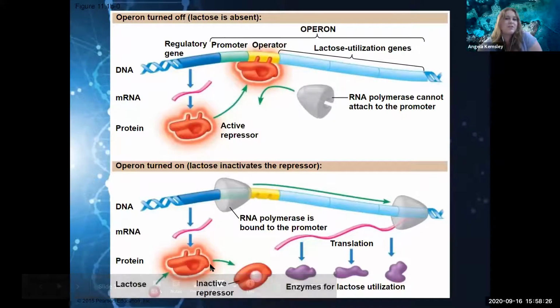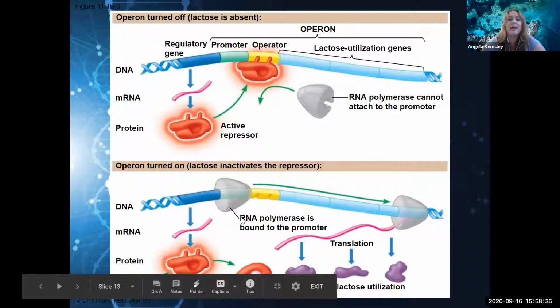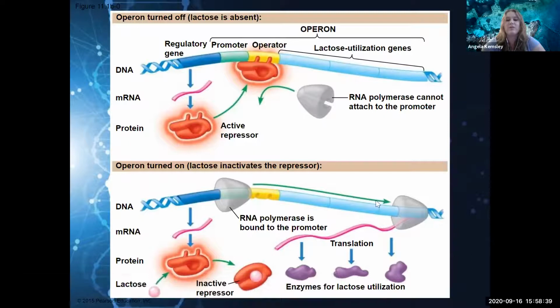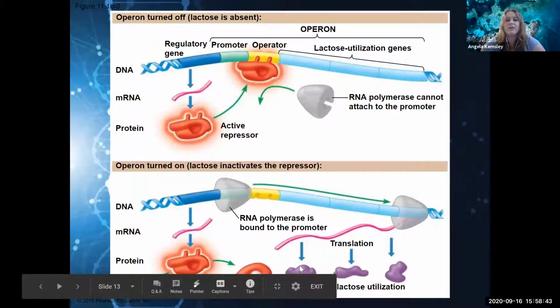Since the repressor is happy, it has its lactose, it's binding to something, it does not bind to the operator, which means that RNA polymerase can now go in and bind to DNA and transcribe these 3 genes. And then we get into translation into our 3 different enzymes down here.